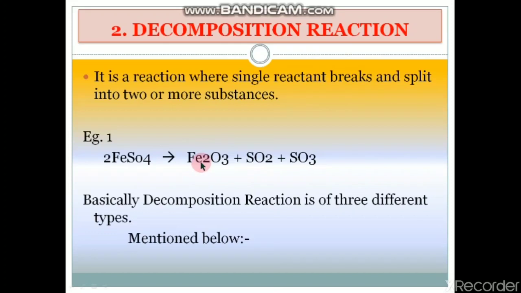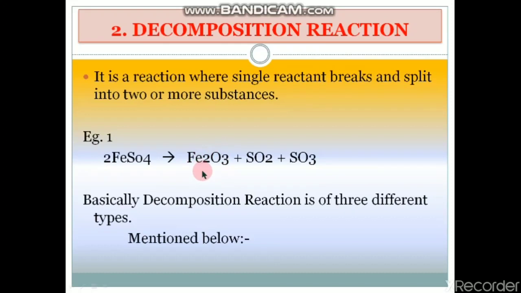Fe2O3 plus SO2 plus SO3. So you see this ferrous sulfate is a solid. When you heat it, it is a solid.